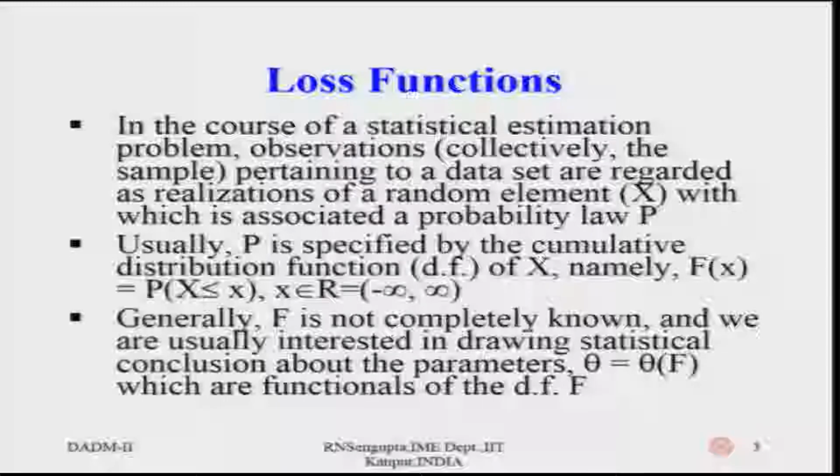Now, for any statistical observations or studies or estimation, prediction, forecasting, we pick up a set of observations, small n in number, and our main aim is to utilize those observations to draw some meaningful conclusions about the population.